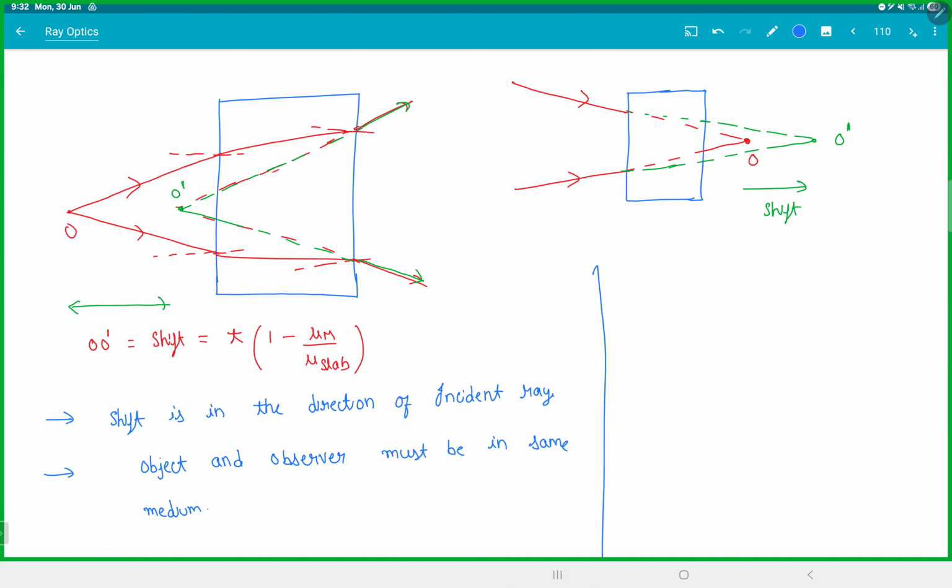Right? And the best thing about this, you can use this for multiple slabs. Let's say if you have multiple slabs, for all of them you can use it at the same time. So this is T1, mu1, T2, mu2, Tn, mu n.